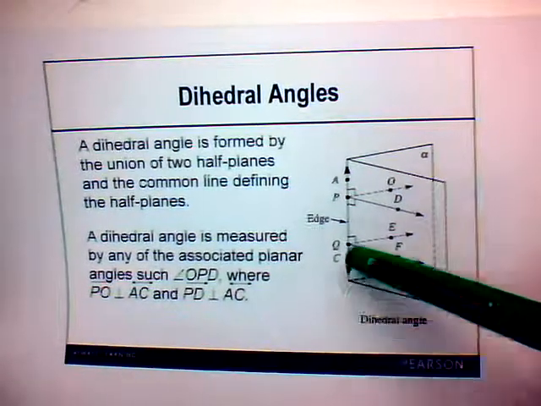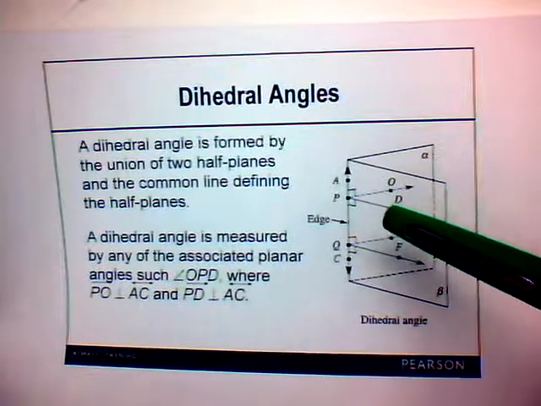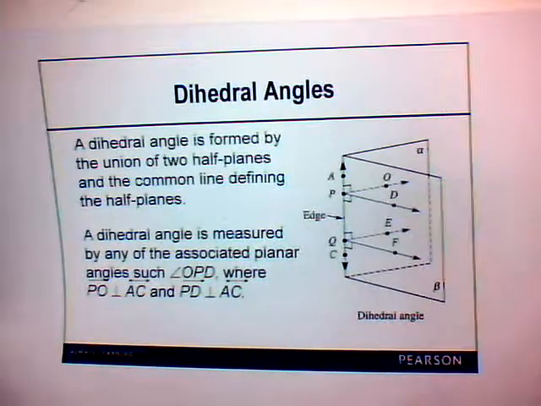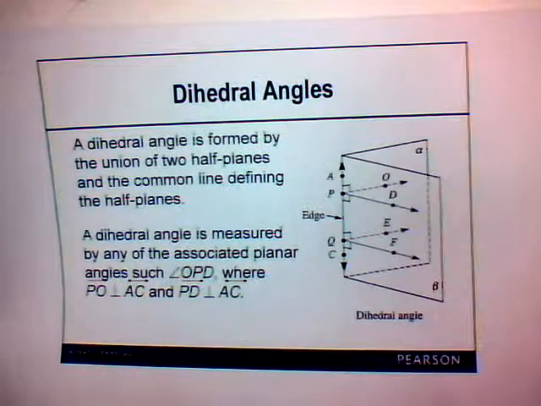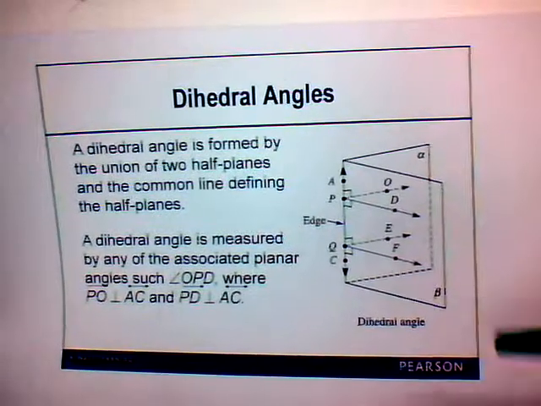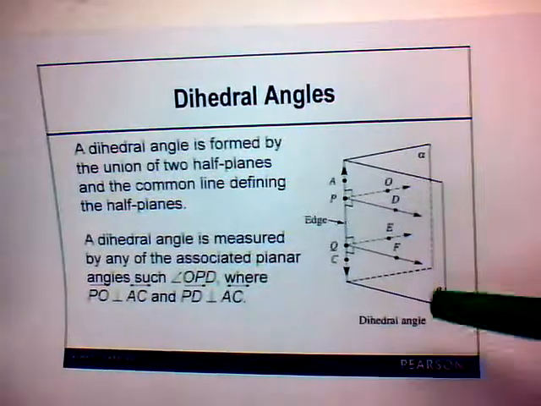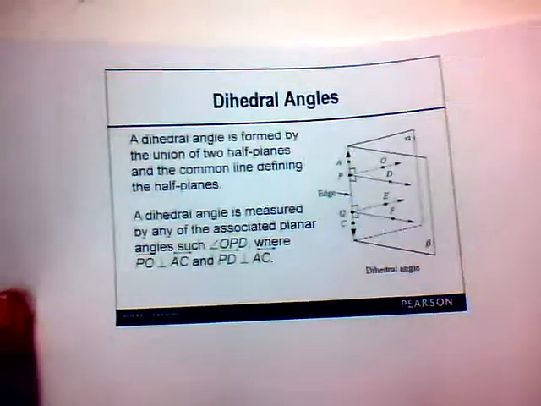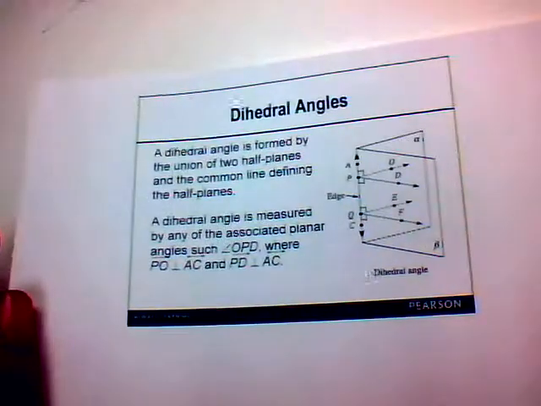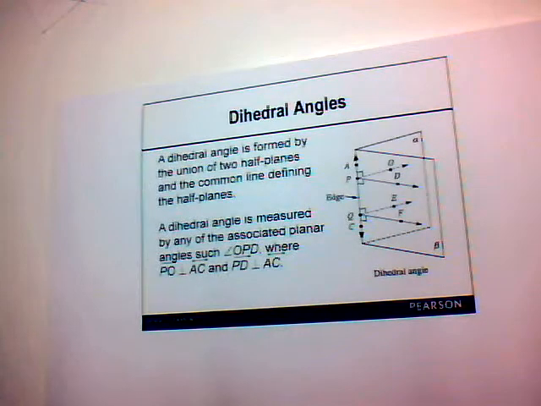Okay, so we can say that angle QPD is a dihedral angle, as it's formed by two half planes and the common line that's defining those half planes. Okay, so that would conclude this particular video on just the basic notions of geometry.